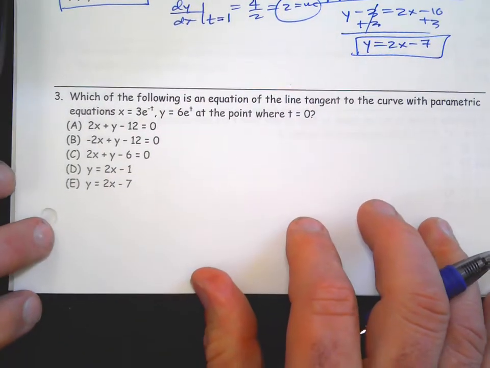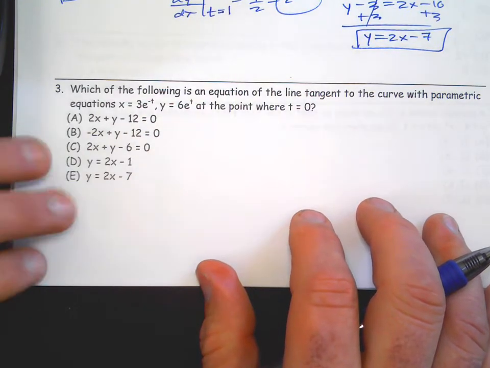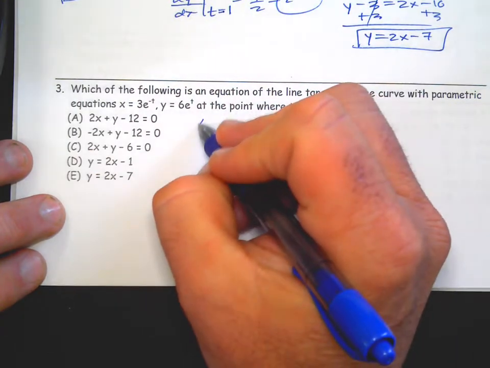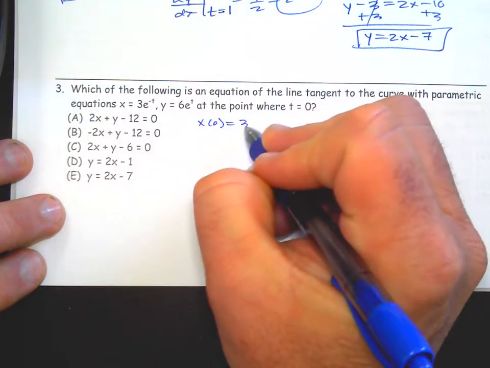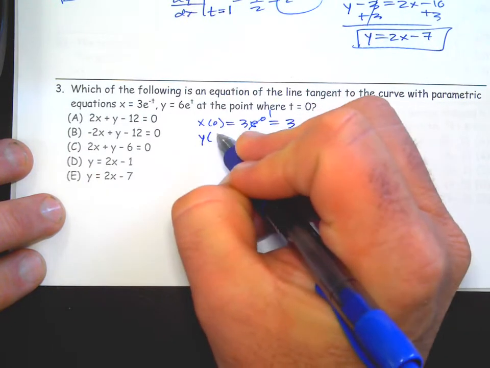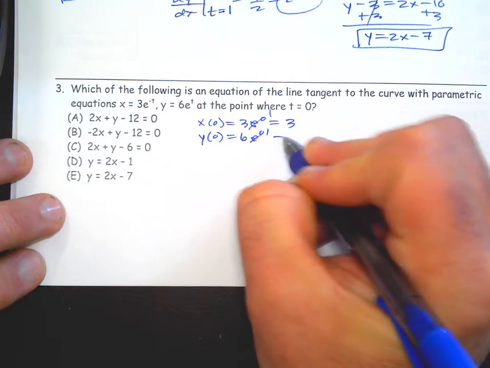Which of the following is an equation of a line tangent to the curve of the parametric equations? So this is the same kind of question, looking for the equation of the tangent line. So x at 0 is 3 e to the 0, which is 3, and y at 0 is 6 e to the 0, which is 6.